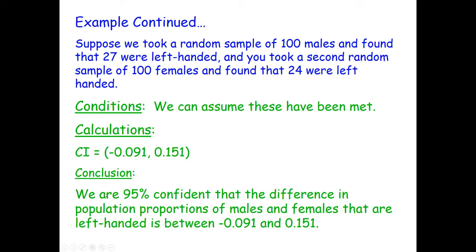When we get to the conclusion, we're going to write, we are 95% confident that the difference in population proportions, because we're finding the difference between the 2, of males and females is between negative 0.091 and 0.151. And just in case, I can see how this might be a bit confusing.